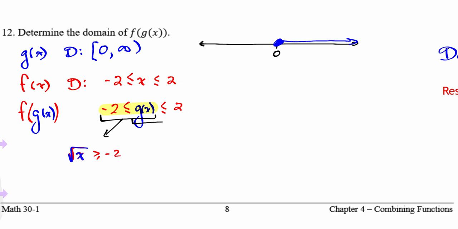And I'm also going to look at this part of the inequality, which says that my g of x function, square root of x, has to be, oops, not greater than, it has to be less than or equal to positive 2. Both of these statements have to be true. So I'm going to put an and in between here.